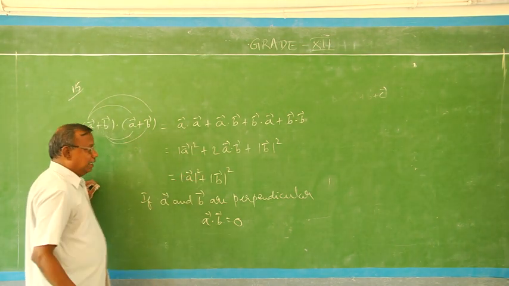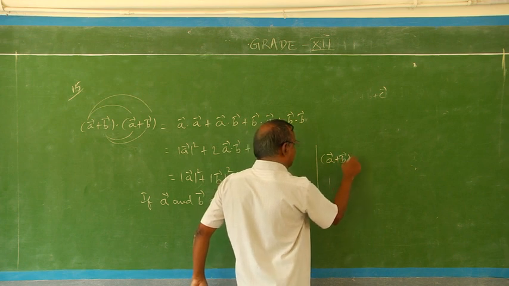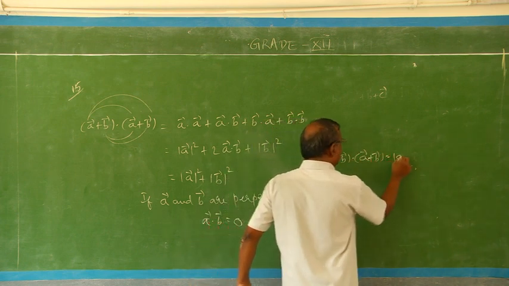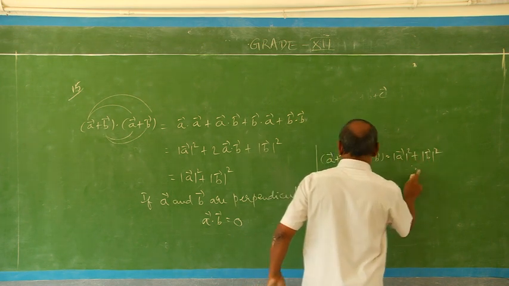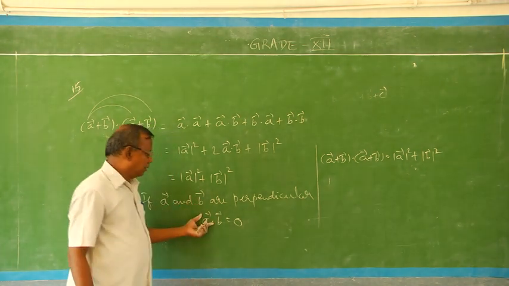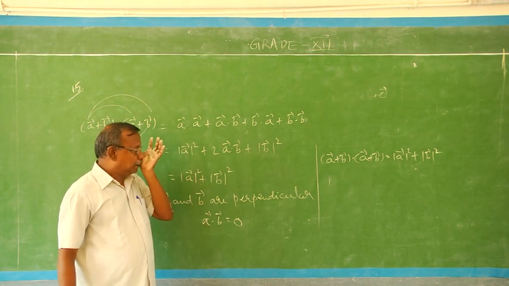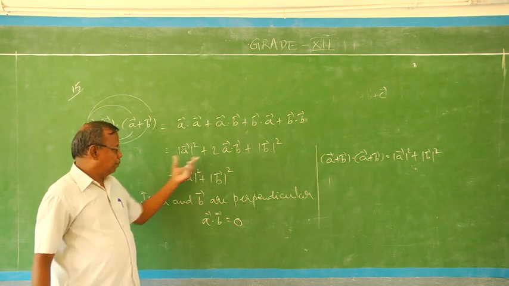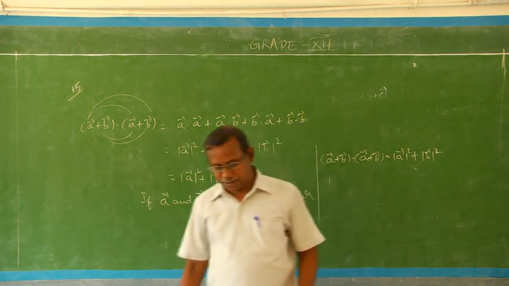Hence we have (A vector plus B vector) dot (A vector plus B vector) equal to modulus of A vector square plus modulus of B vector square only if A vector and B vector are mutually perpendicular. Otherwise you will have some other value other than 0, so the result will not be equal. Therefore it is possible only if A vector and B vector are mutually perpendicular vectors.